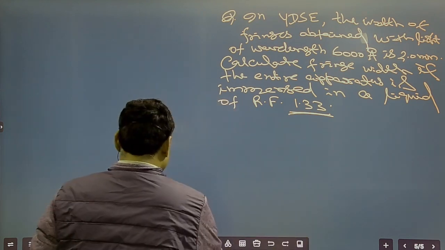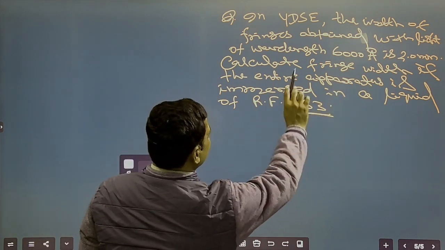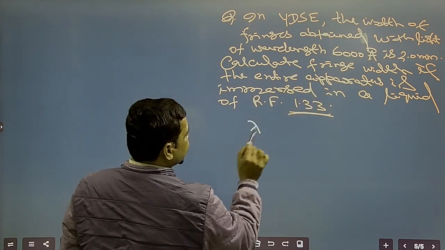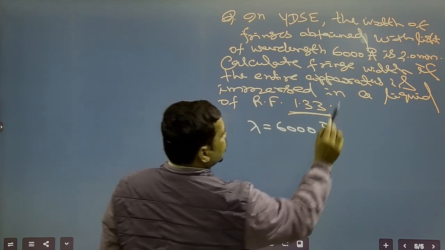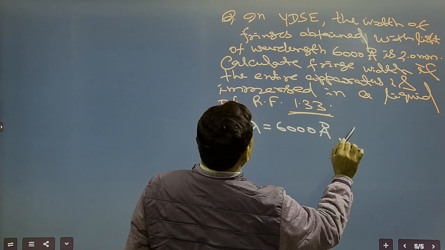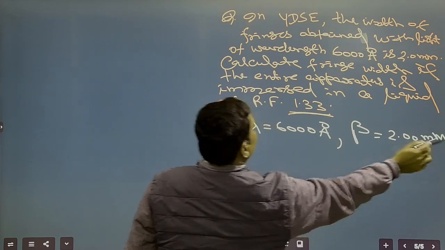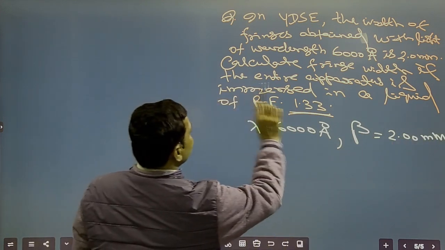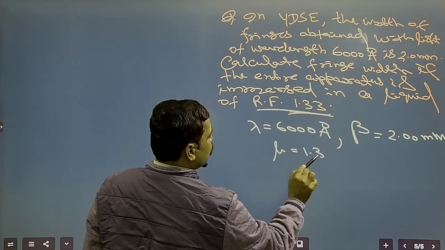This type of question is sometimes asked. So you see the given parameters: the wavelength is 6000 angstrom and the fringe width beta is 2 mm. It is immersed in a liquid of refractive index, so mu is equal to 1.33.